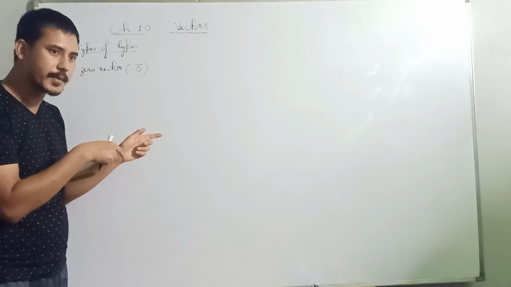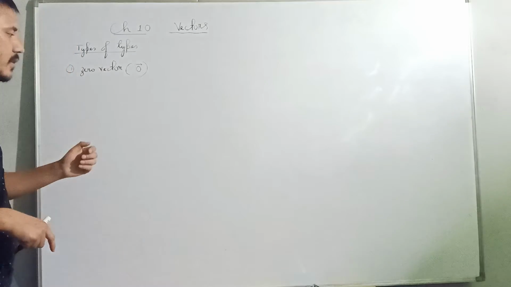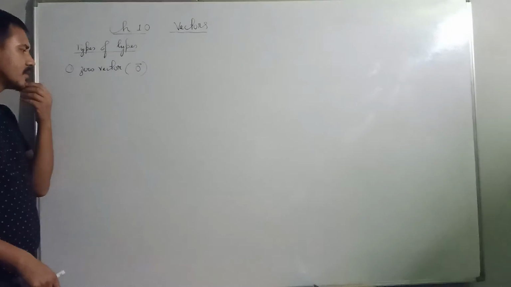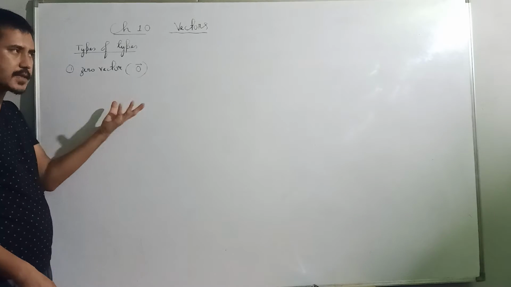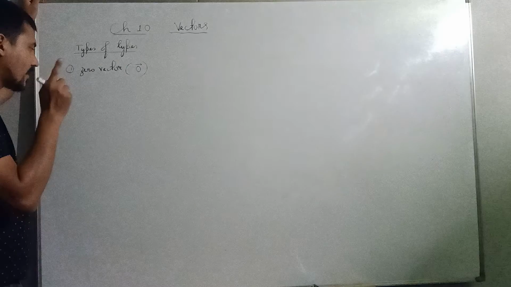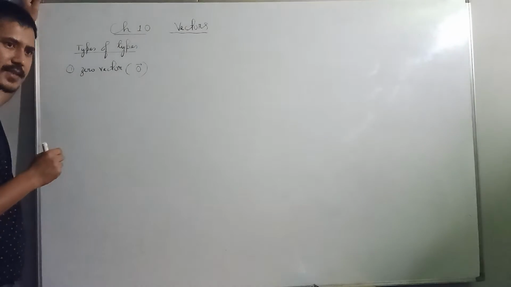A vector having no magnitude means zero magnitude. We cannot say where it is going exactly.